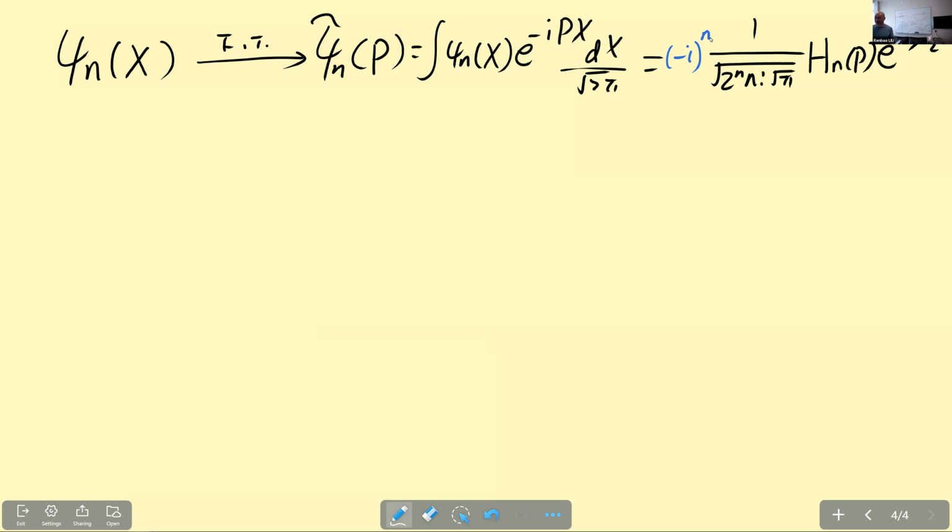And this phase factor is no wonder, because x and p are related. If you write p in terms of x, it's something like this one, right? But if you write x in terms of p, that is actually minus i d over dp. Okay, so you have done this one. Remember in the exercise class, right?